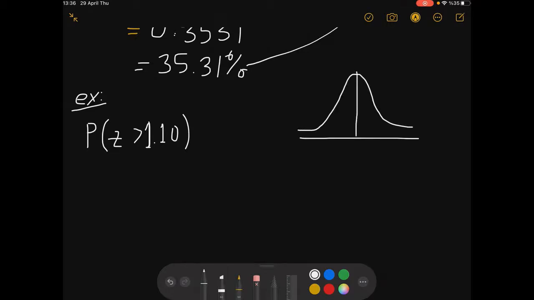Now what I'm being asked is, what is the probability of this area right here?